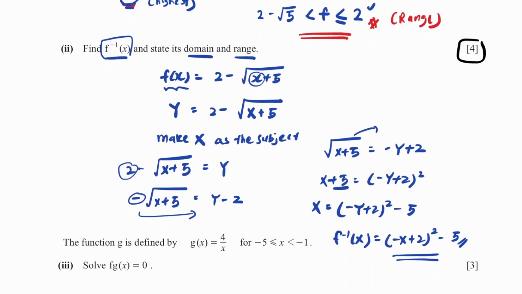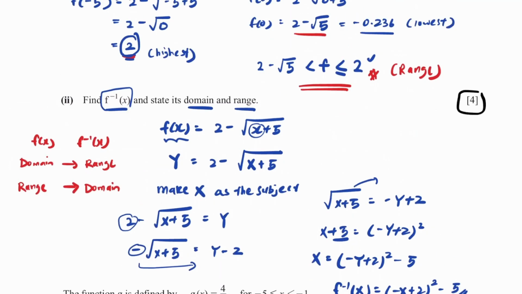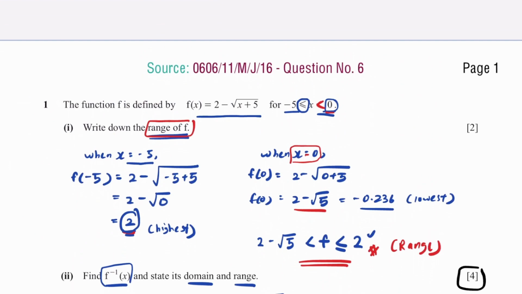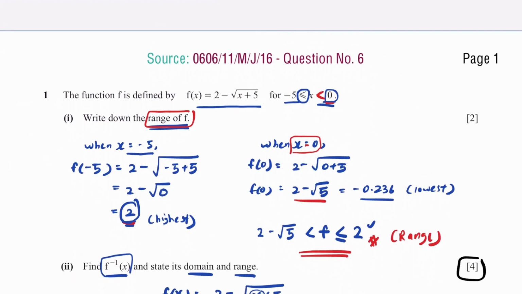So to find the domain and range of the inverse function, you need to remember the basic rule. The domain of the function f(x) should always be the range of its inverse, and the range of f(x) should be the domain of its inverse. So given initially that we have negative 5 less than or equal to x less than 0, this is the domain of f.